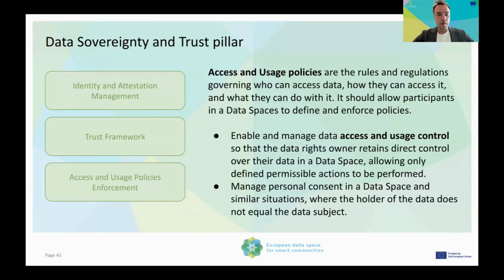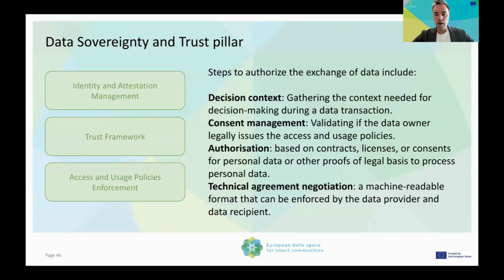Then last but not least, of course, this is where everything comes together. This is the access and usage control policies that are described on a data source, resource, or service level. Again, there are different ways to do this. When any participant tries to access any resource, there might be a specific decision context. How are you going to find out if the context of usage is applicable right here?